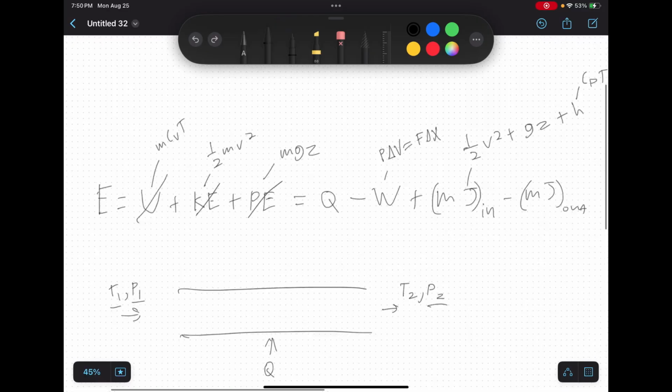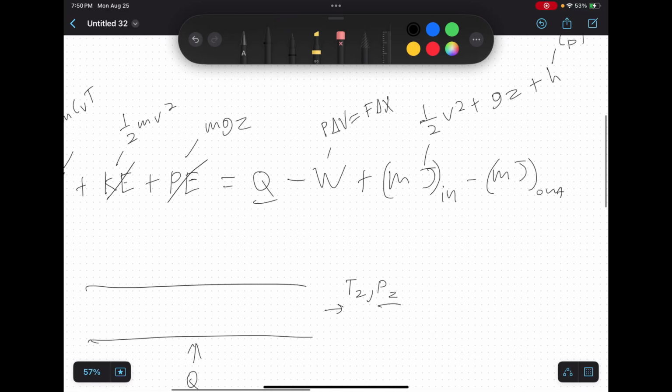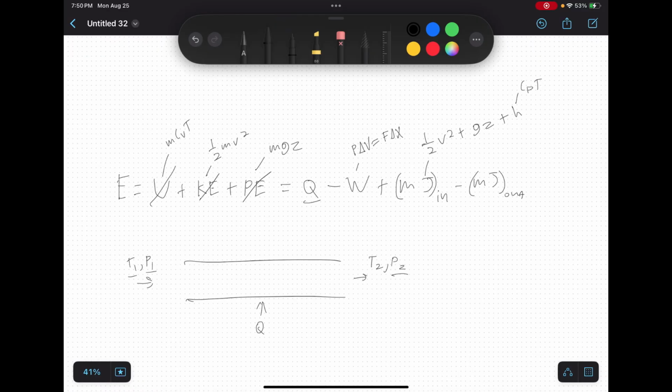Okay, so we have a Q. Do we have a W? We do not have a W because nothing's really moving. No boundaries are moving. If this top boundary was slowly moving up, then we would have work and this problem would be more complicated. But fortunately, that is not the case.